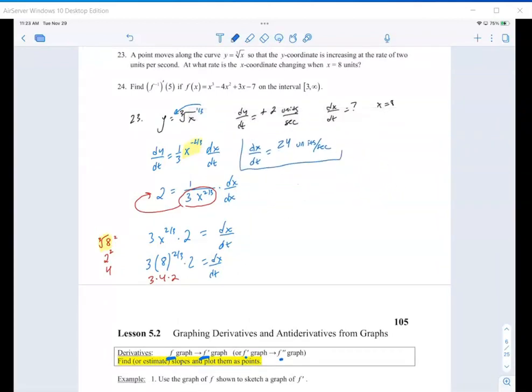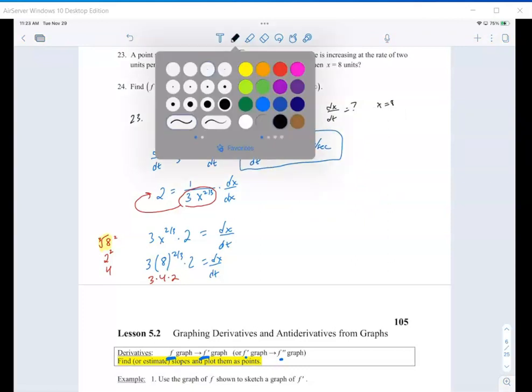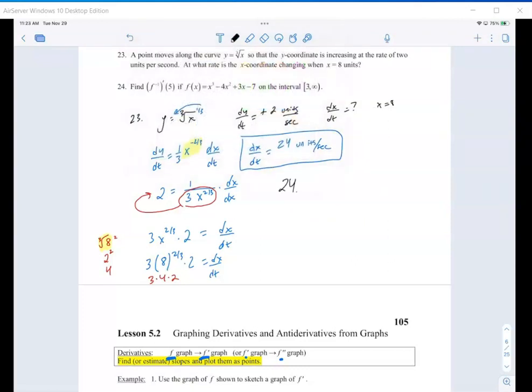Okay. And then let's look at number 24. All right, f inverse, this is a very good review question, prime of 5 if f of x equals all that. Okay, on the interval, I don't know if that really matters. Well, it just makes it possible that it has an inverse.